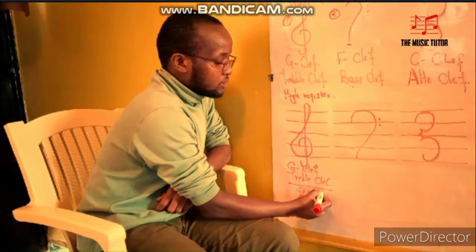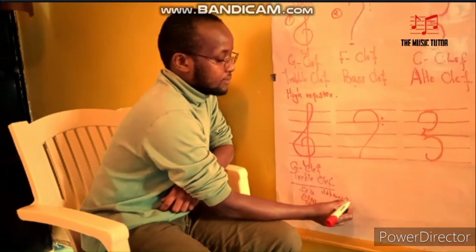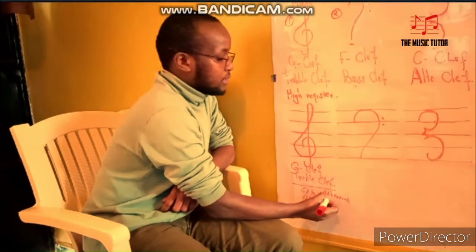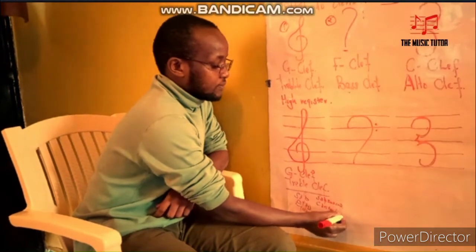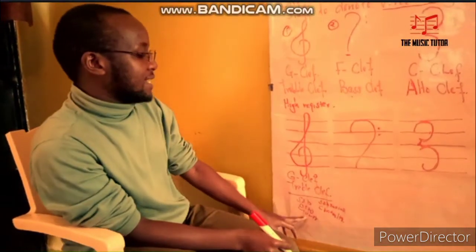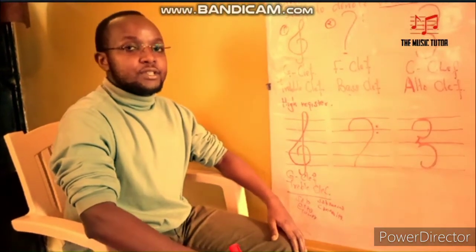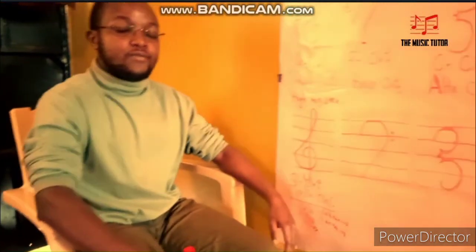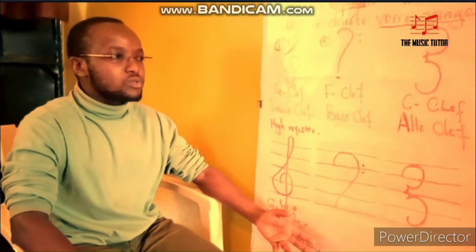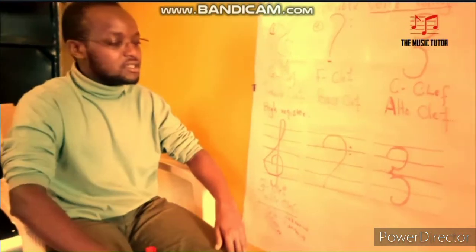Others could include sopranino, and the lower could be contralto also. Though tenor, alto, and contralto are middle range voices, so we can use that other clef that we learned here, the C clef, for those voices.